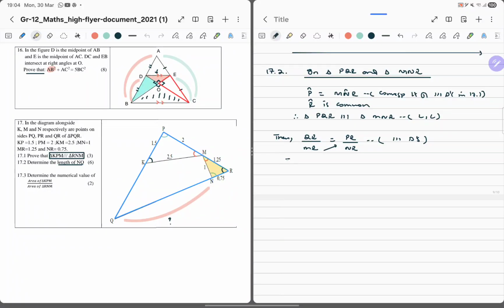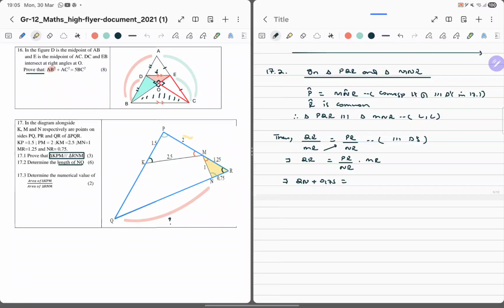So this, we cross multiply. It tells us that QR is going to be equal to PR over NR times MR. This also implies, what is QR? It's QN plus NR, which is 0.75, equals PR.